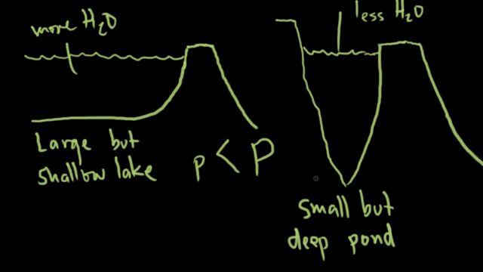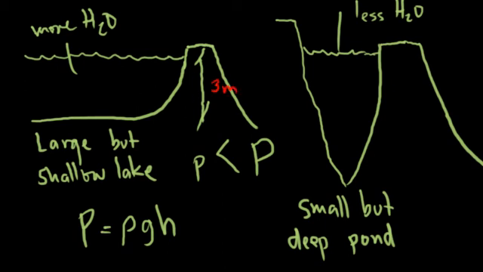Why? Because as we have defined earlier, pressure is equal to rho g h. So we have the pressure is equal to rho g h, the density times gravity times height. The depth of the water over here, let's say, is about 3 meters.